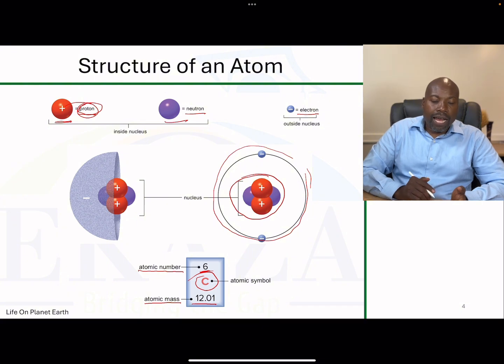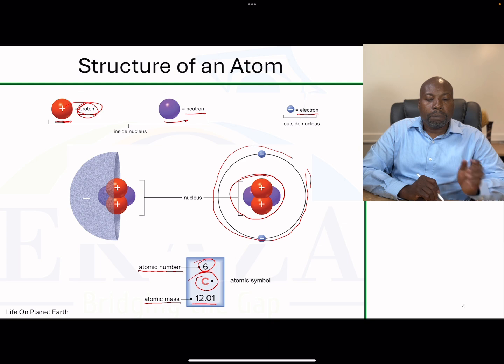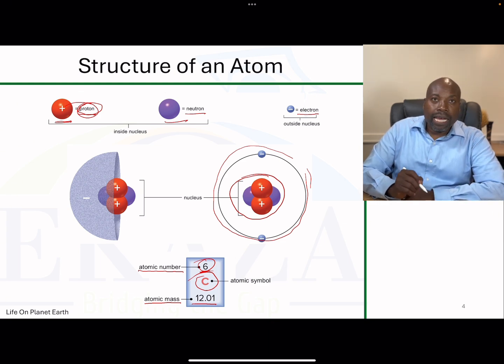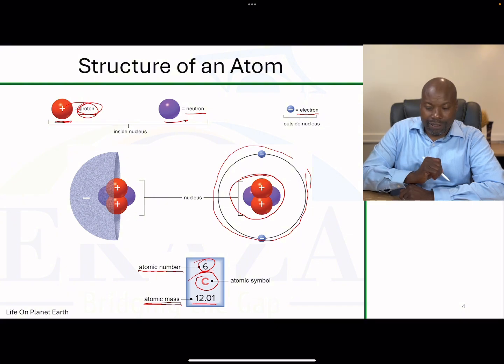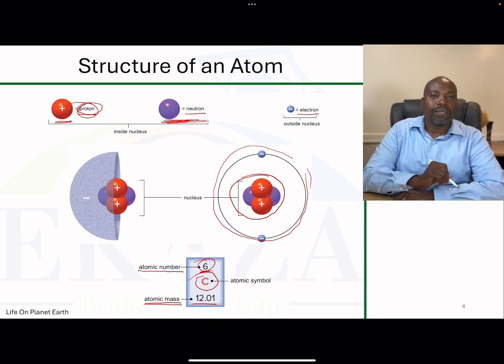Now, you see that we have 6 protons. If we take 6 out of 12.01, which is the atomic mass, we are going to have 6.01, right? Now, that 6.01 represents the mass of the neutrons, right?